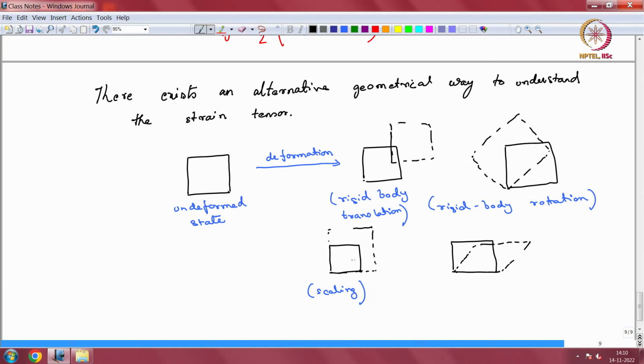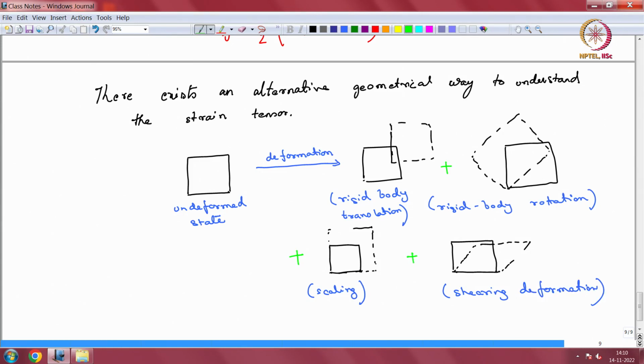So now any small deformation like this of an undeformed state can be looked upon as the sum of all these different types of deformation. So you have the rigid body translation, and or a scaling operation, and this is a shearing deformation. So this can be looked upon as this.